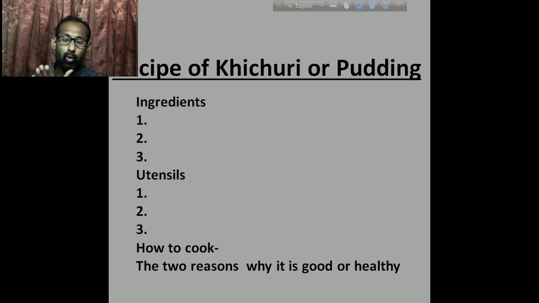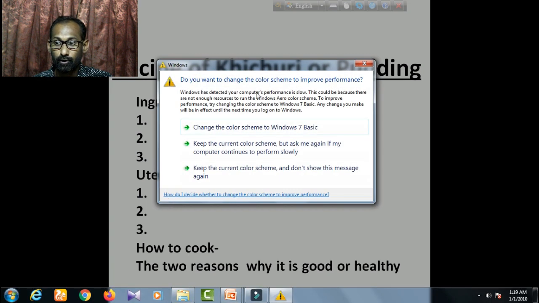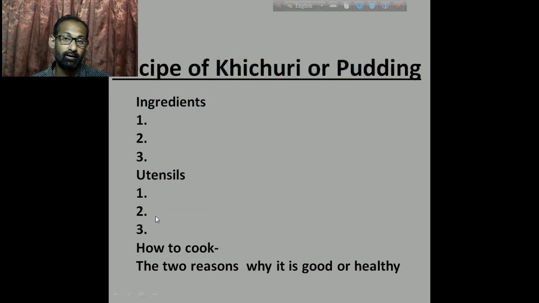That means what type of ingredients you have used. For example, you have used rice, you have used meat, or you have used oil. Okay, then utensils, you have used a spoon, or you have used a bowl.